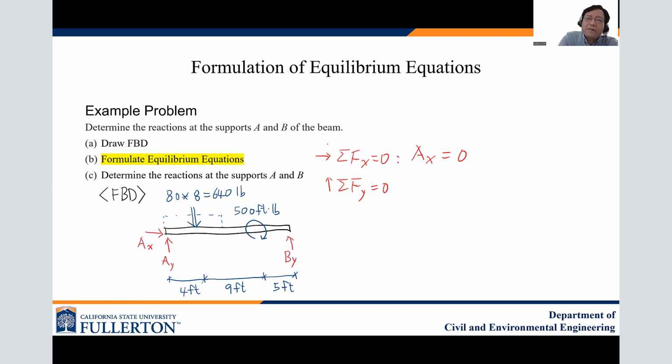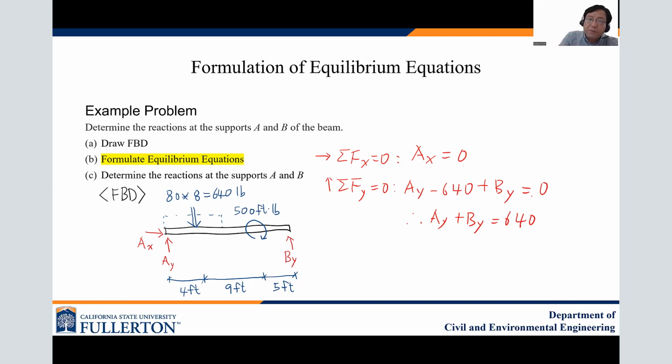So there's A_y, you can see that, right? And then another one is the downward 640. And then the moment you cannot add. The 500 is a moment, right? And then plus B_y equals 0. So this one gives A_y plus B_y equals 640.